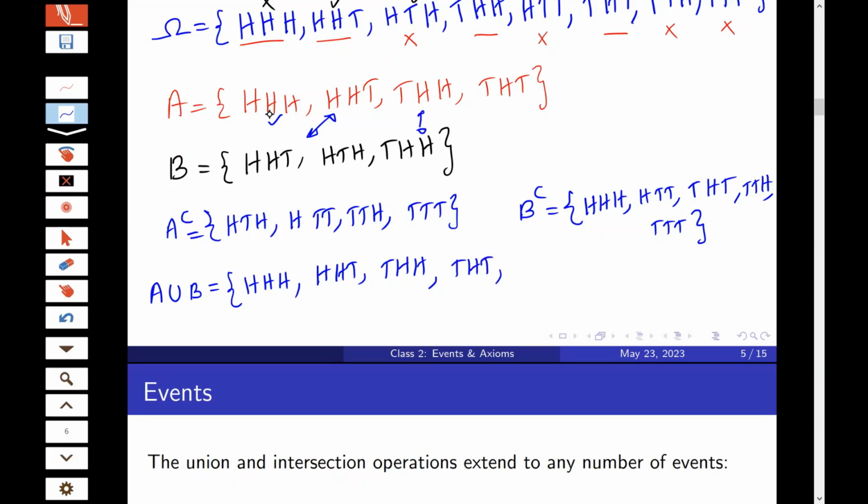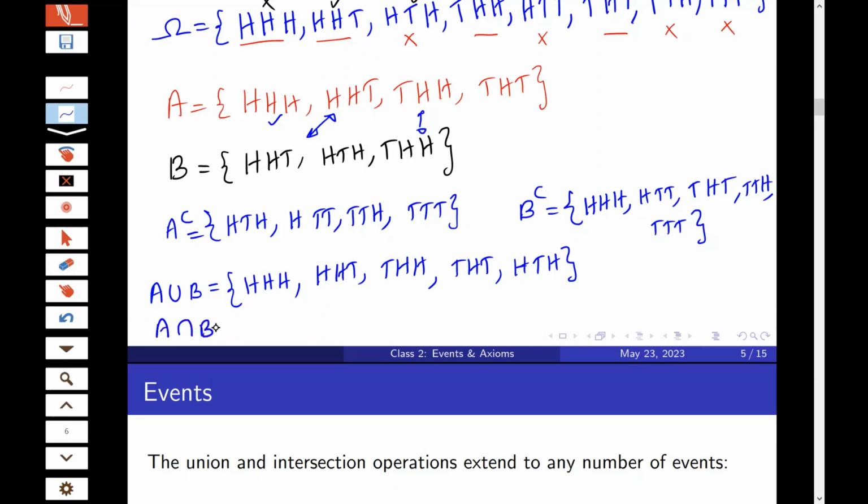So we write down HHH, HHT, THH, THT. The only remaining one is HTH. So these are the items in A union B, the items in either A or B.